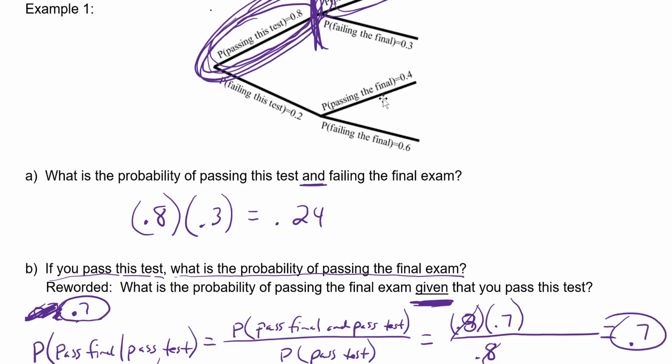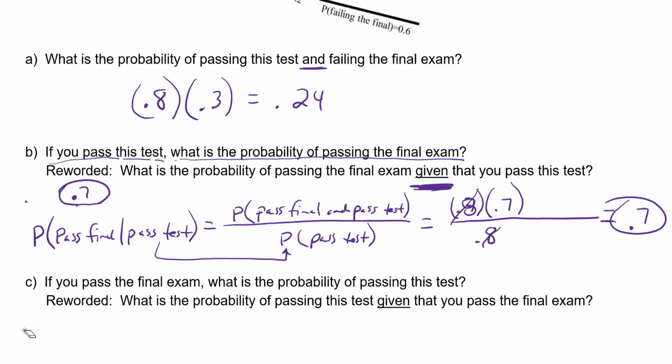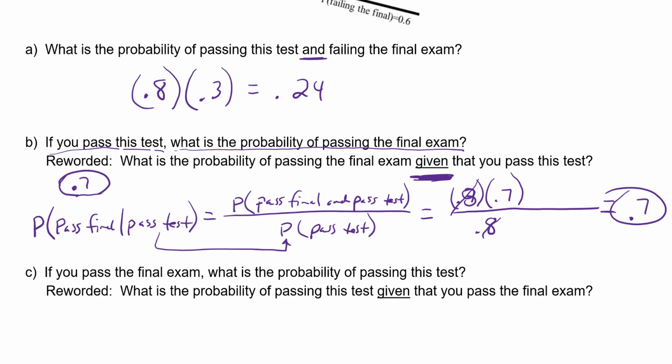Okay? All right, so let me erase that. And the second part is just a little more challenging. So the next part here, let me get my pen again. It says, if you pass the final, what's the probability of passing the test?